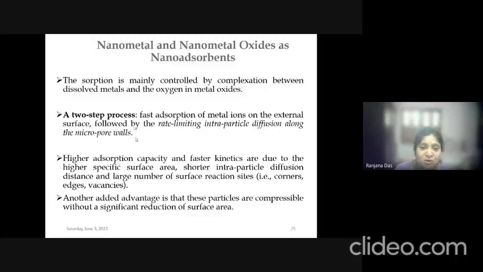Because they can form complexes, that is, the formation of a complex with the undesired components, the dissolved metals or the contaminants, at a faster rate compared to the CNT-based material. So that's why these nanometal and nanometal oxides are also good absorbent materials, and we can use them for nano-based water treatment technology.